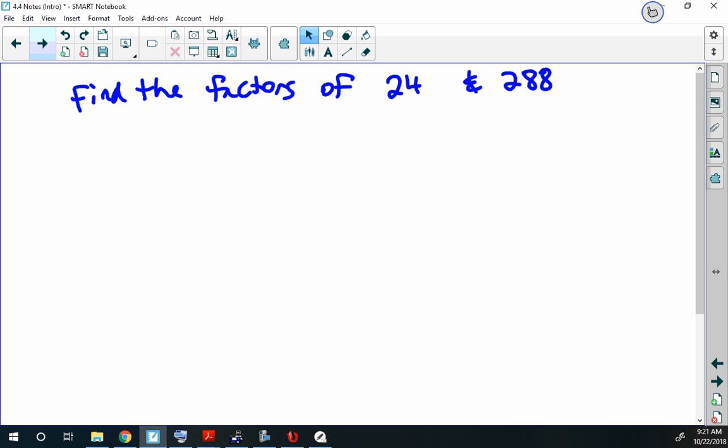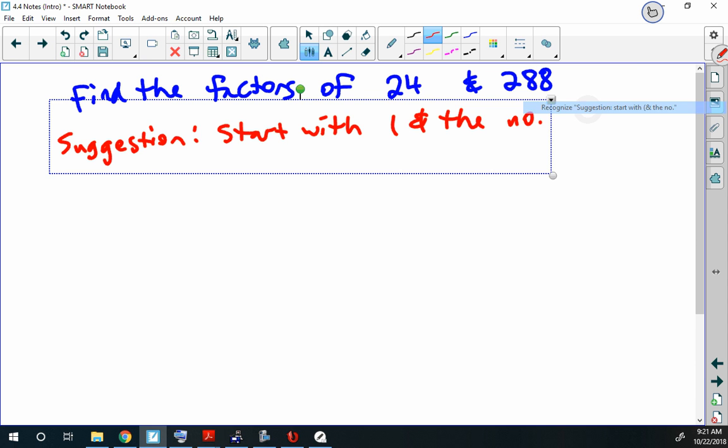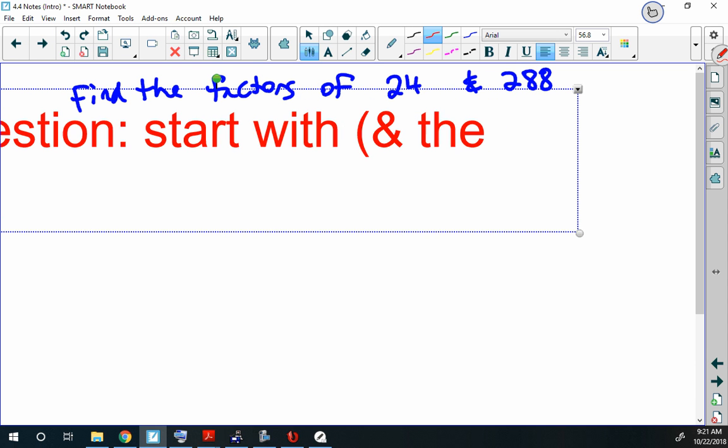So when I try to find the factors, I like to start with 1. Here's just a suggestion. Start with 1 and the number. So that's my suggestion to you.